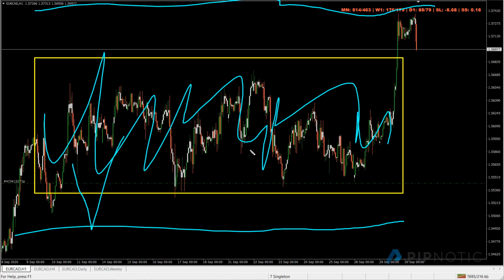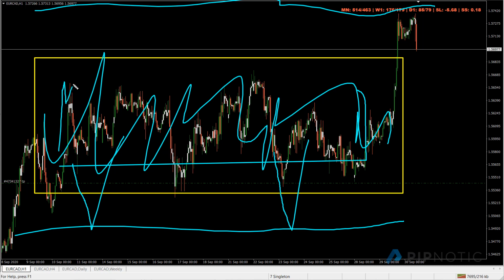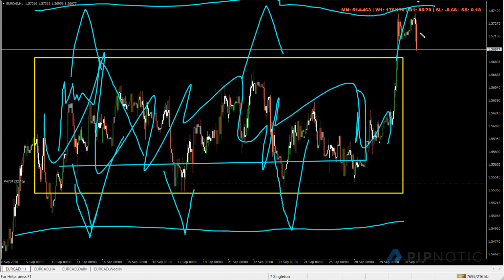So the likelihood of price moving into the extremes and away is higher than inside the box. Price could easily move up here and just stay up here and then keep going and then come back. Where here, there's a high likelihood that price comes to the extremes and then leaves, comes to the extremes and leaves, and does the same up here. Okay, and we're seeing that currently just here.